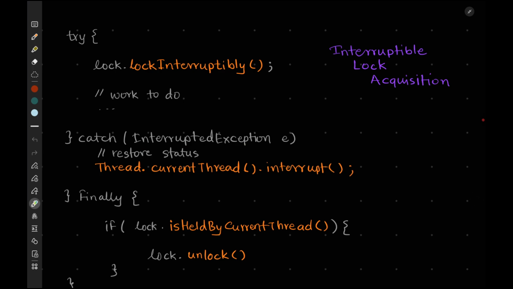This is essential for building cancelable tasks. Imagine a user clicks the cancel download button. You want the downloading thread to stop waiting for a lock and exit cleanly.